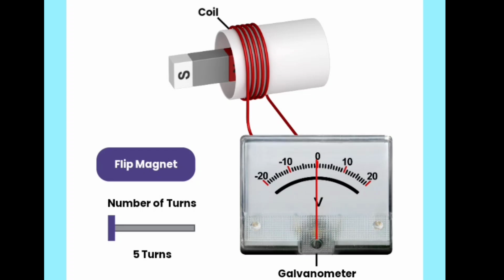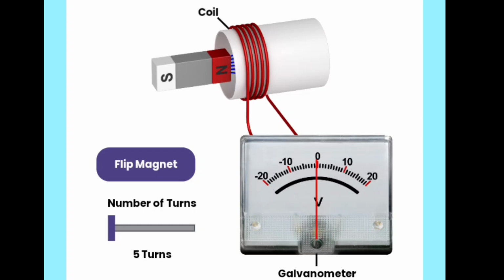Now take the bar magnet away from the coil and keep an eye on the direction of the deflection shown by the galvanometer. When you take the bar magnet away from the coil, again it shows a deflection but in the opposite direction. So again I am going to perform the same thing and just keep an eye on the deflection shown by the galvanometer.